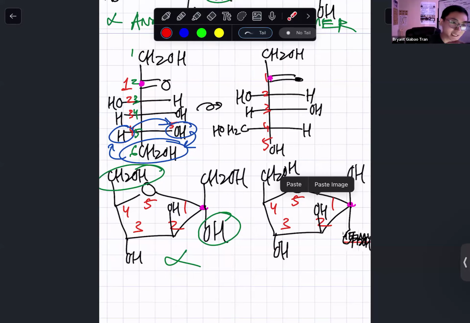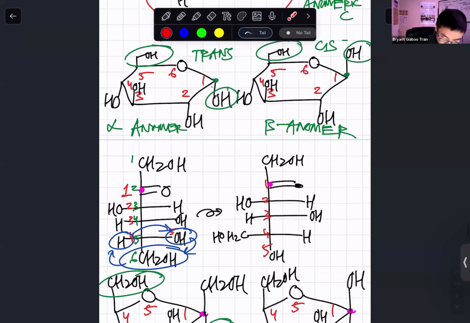When you spontaneously close the ring in acidic conditions, it's going to make both in major amounts. So if this was a predict-the-product problem, you would have to draw both the pyranose and furanose products, both the alpha and beta anomers. So you're going to have 4 different products: the alpha and beta anomers for both the pyranose and furanose.